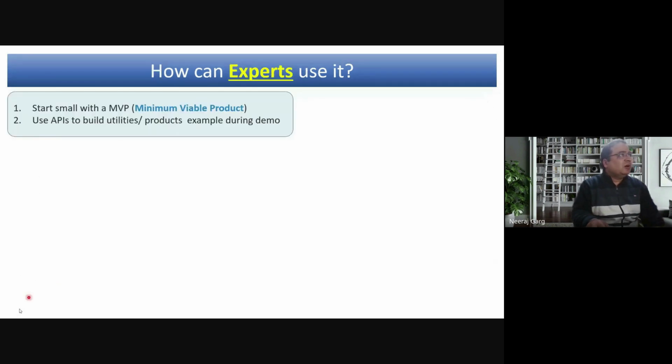Let us see now how experts like you, or your students who will be experts a couple of years from now, can use it. We can create an MVP, which is a minimum viable product, and use APIs to build utilities, products, examples during demo. So this part, APIs, is very important here. API is application programming interface.